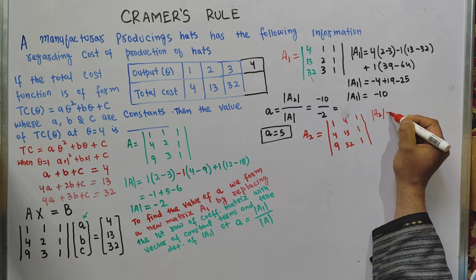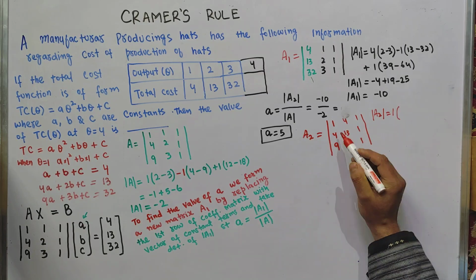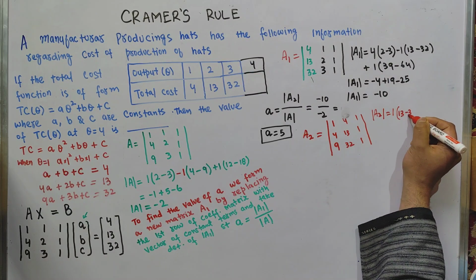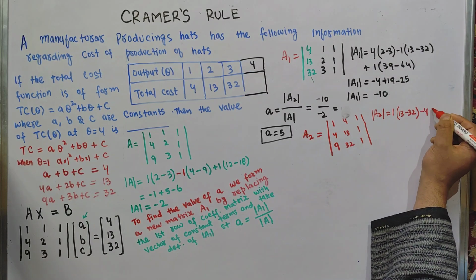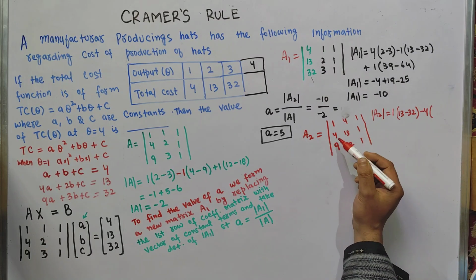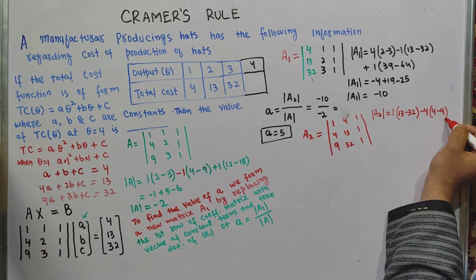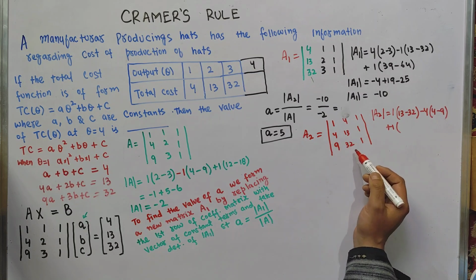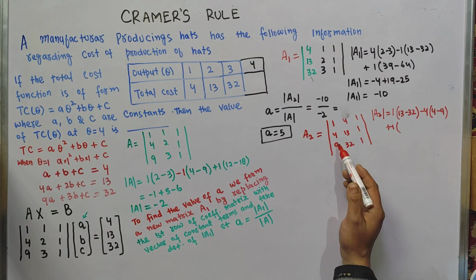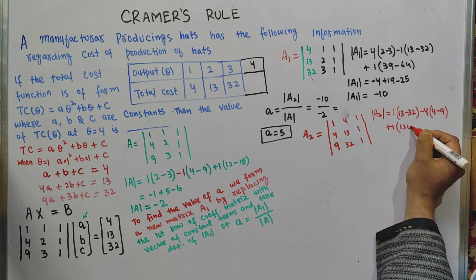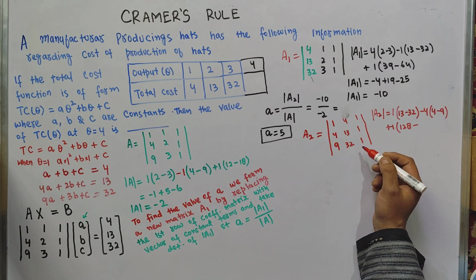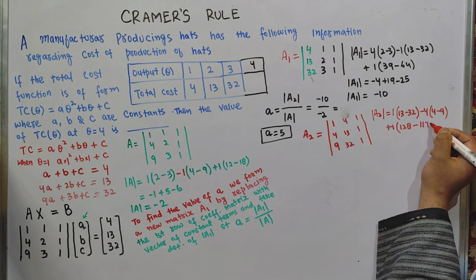The determinant of A2, by the same logic: we write the first element, delete this row and this column, so 13 minus 32. Then we have minus from the formula, delete this row and column, so 4 minus 9. Then we write plus 1 and delete this row and column, so 32 into 4 is 128 minus 9 into 13 is 117.